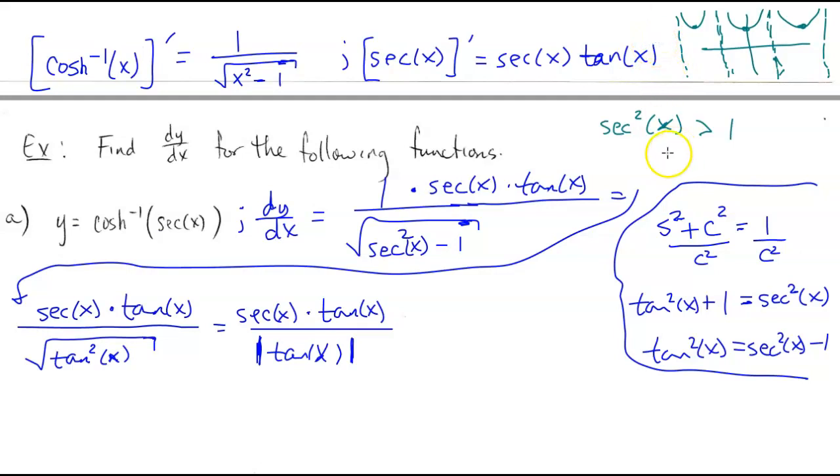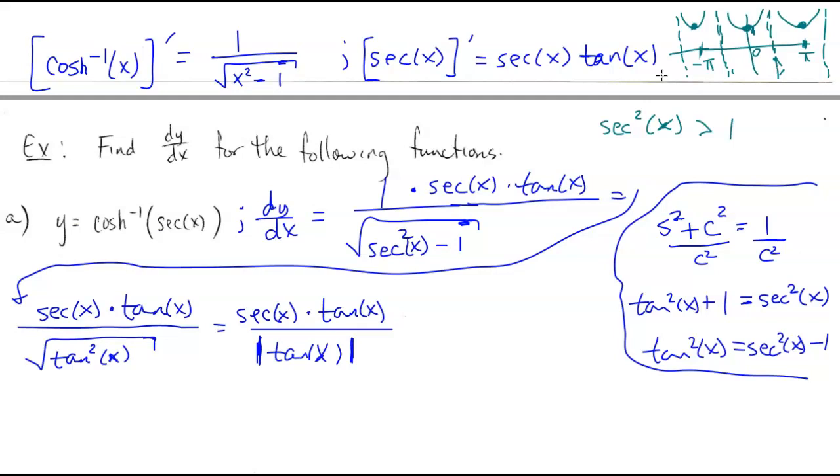So the point that I'm trying to make here is that the only time secant squared is going to be not greater than 1 is when secant squared is exactly 1, and that are at these points here. Okay, and those points, the corresponding x values for that will be 0 here. This will be pi here. This will be minus pi here. So we have integer multiples of pi is where that particular function is going to be undefined.